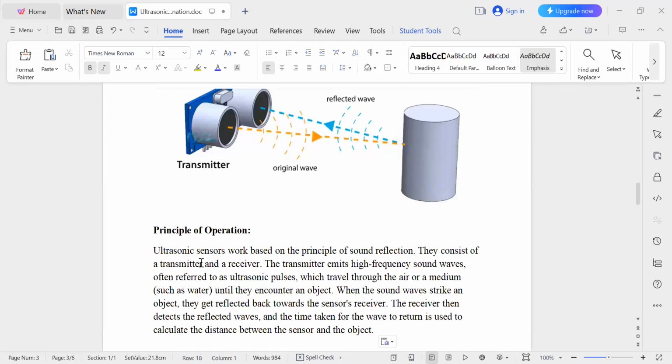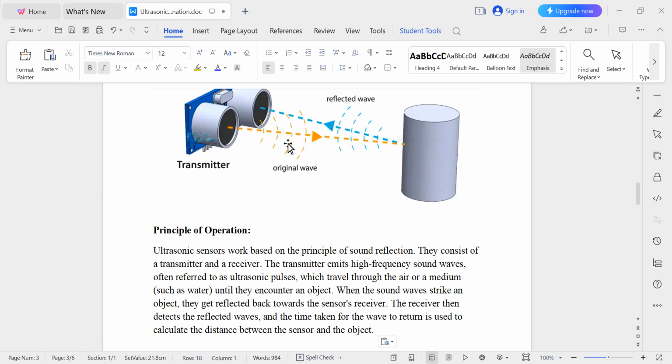They consist of a transmitter and a receiver. This is the transmitter and this is the receiver. The transmitter emits high frequency sound waves, that is, frequency above 20 kilohertz. It is marked here.